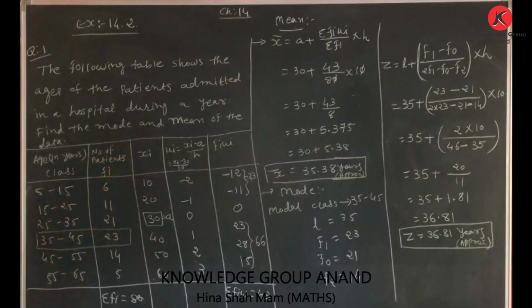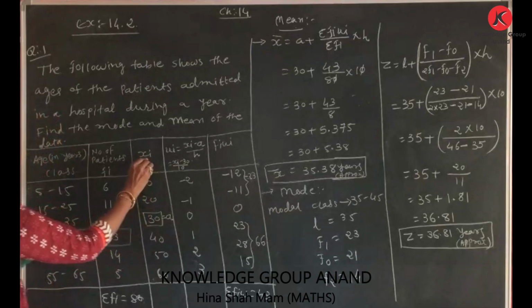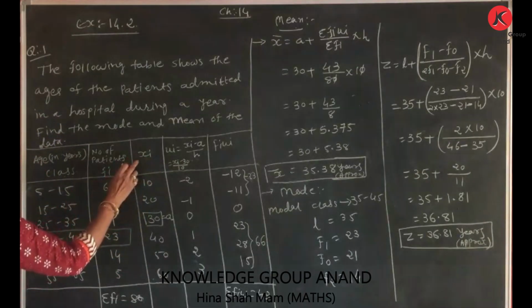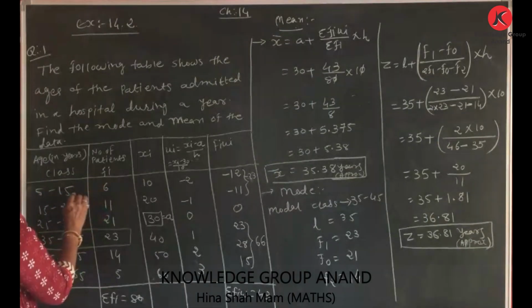For mean, we need xi. xi is equal to lower limit plus upper limit divided by 2.